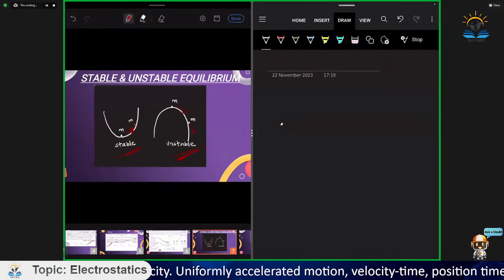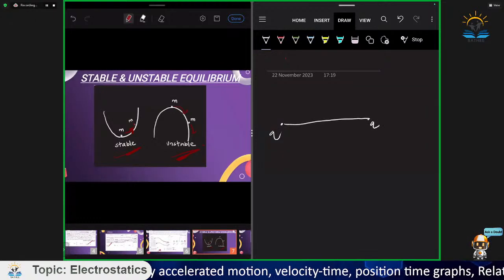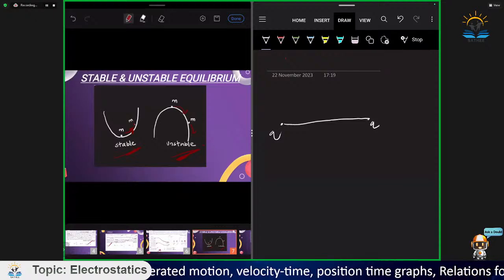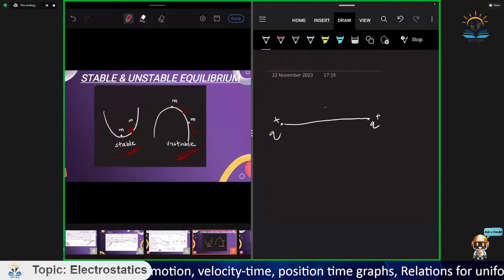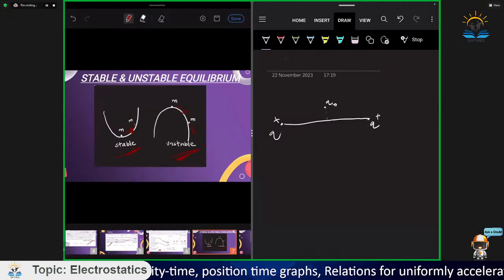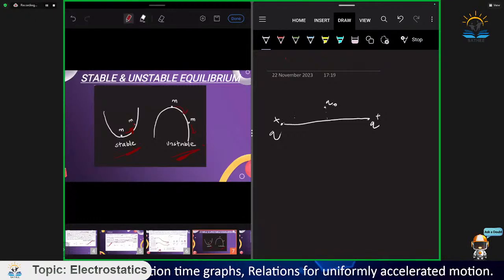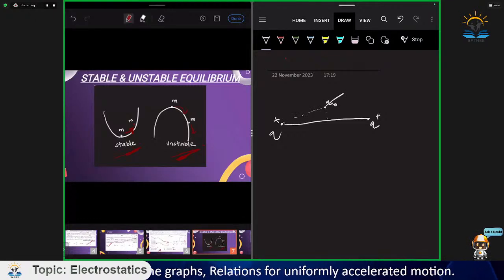How? In a line, two same positive charges Q are here, and here Q0. Will Q0 be in stable or unstable equilibrium? See, F in this direction.